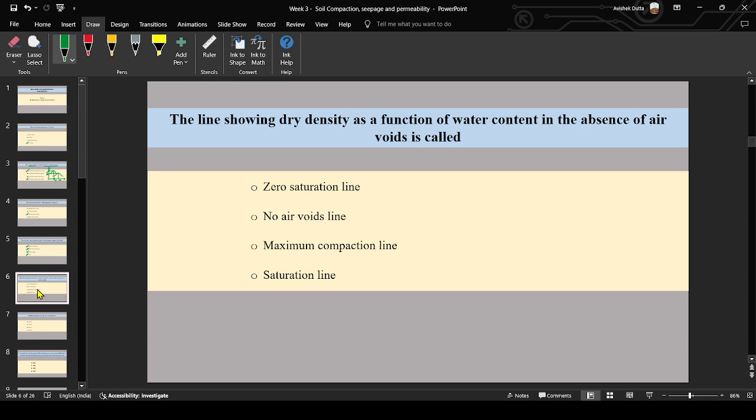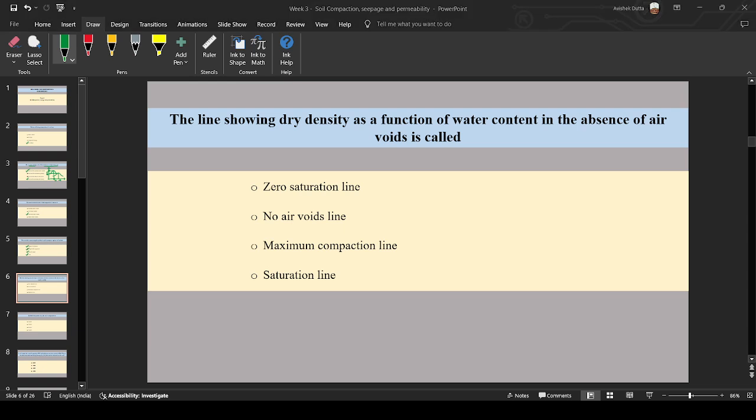The line showing dry density as a function of water content in the absence of air voids is called. What is the answer?